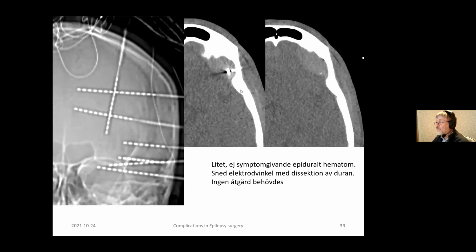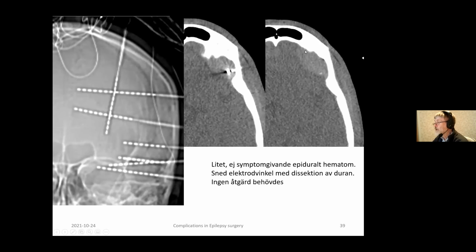This is a very small complication that I would like to report. We started with SEEG in 2013, and this is a complication with an SEEG electrode in the frontal area on the left side, an angulated electrode, and we got a dissection by the dura.